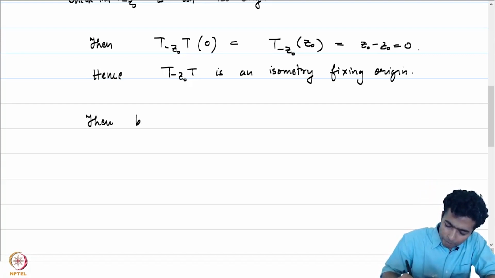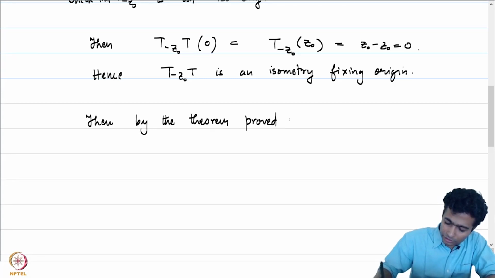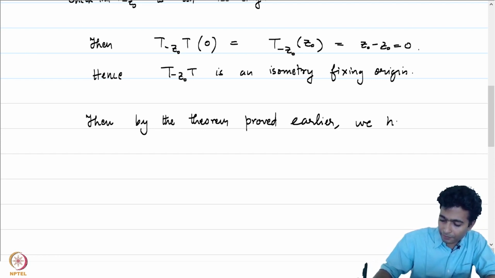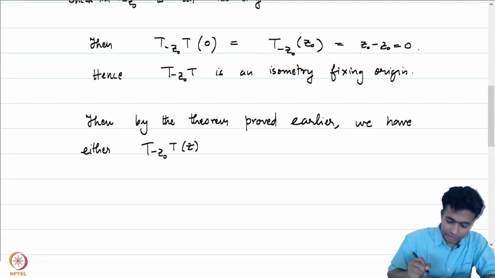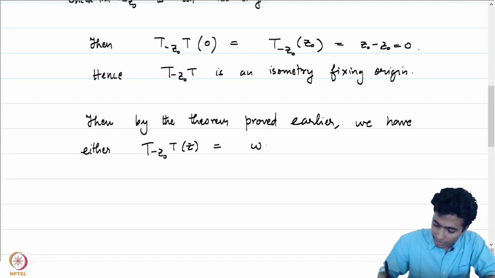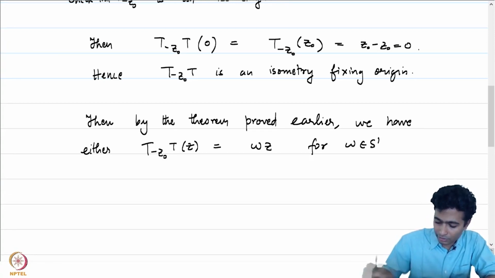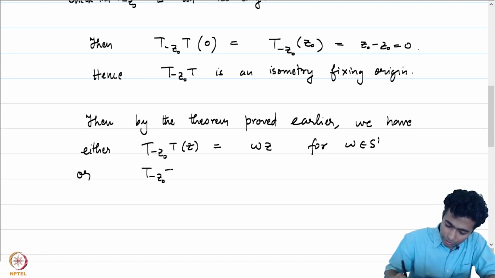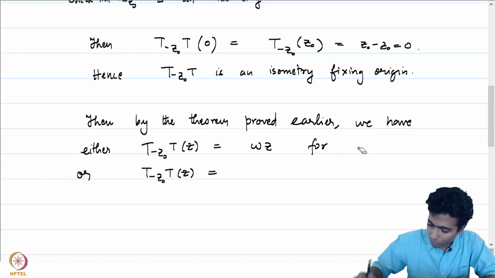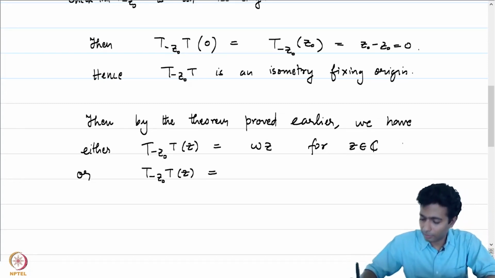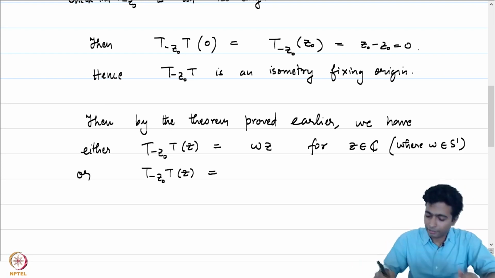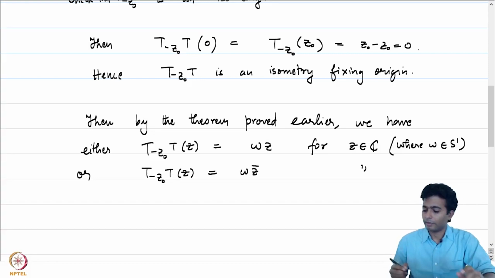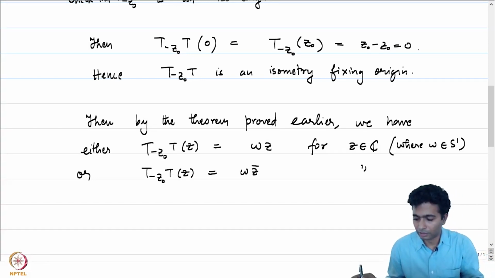Then by the theorem proved in one of the lectures, we have for all z in C, either T minus z0 T of z is equal to omega times z, where omega is in S1, or, similarly, this other alternative is that it is omega times z bar, where again omega is some fixed element in S1, a phase.